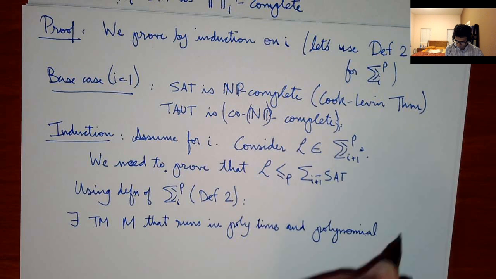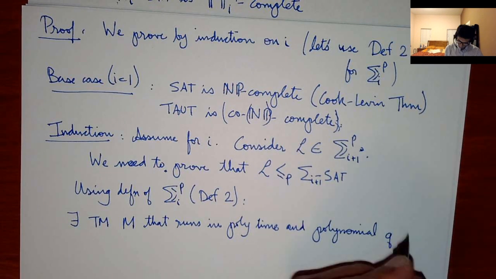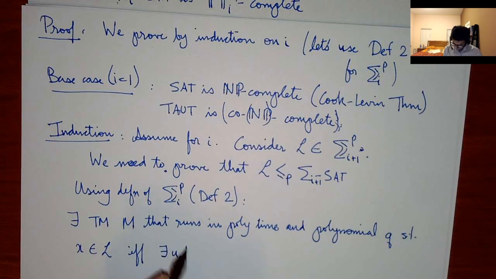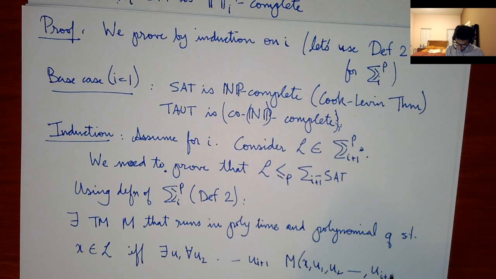and a polynomial q such that x is in L if and only if there exists a u1 so that for all u2, and so on and so forth, going all the way up to u_{i+1}, M(x, u1, u2, up to u_{i+1}) accepts, and the size of each u_i is at most polynomial in the input length.